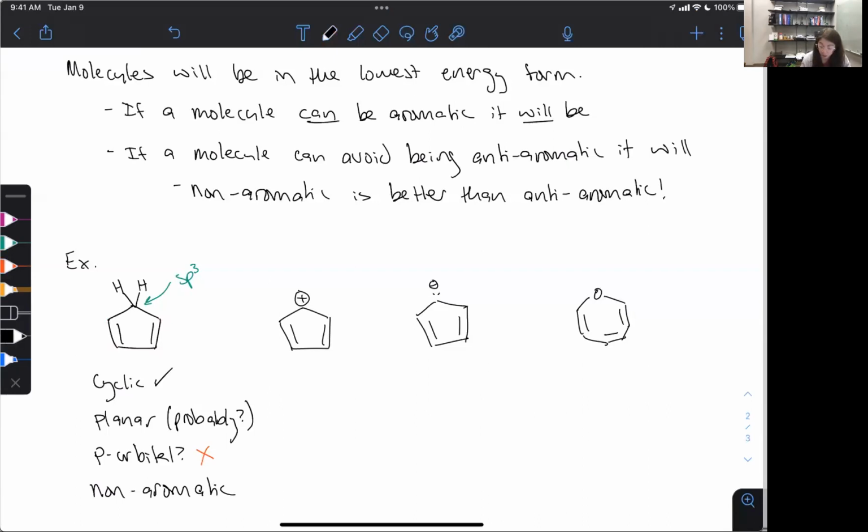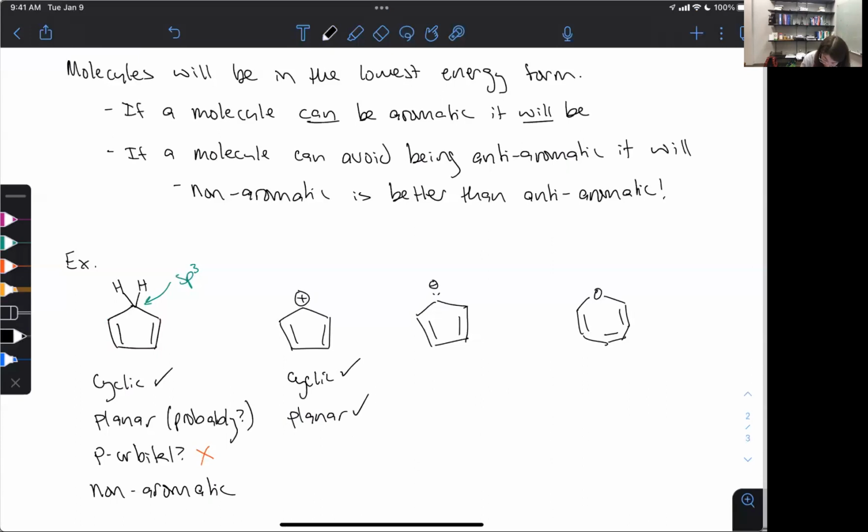Okay, let's look at the next one. So we'll do the same thing again. So cyclic, yes, definitely. That's the easiest one to answer. Planar, again, probably. We've got a pretty small ring, so it's less than 6. It's most likely going to be planar. So I'm going to give it a check mark here.